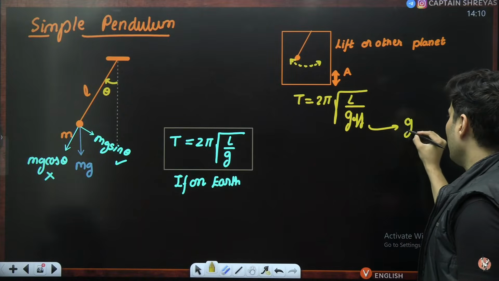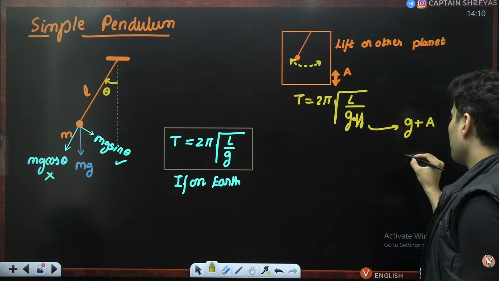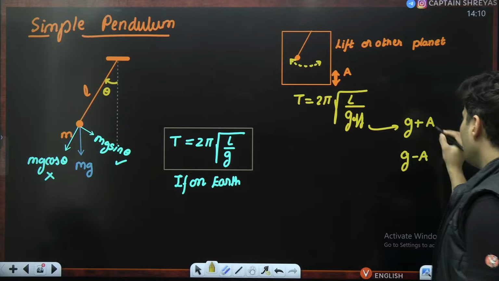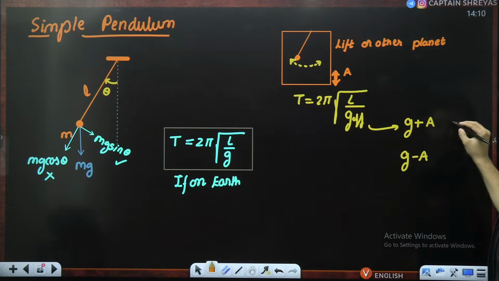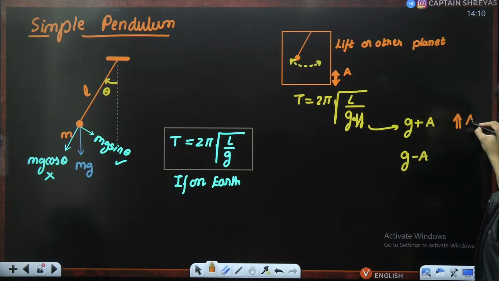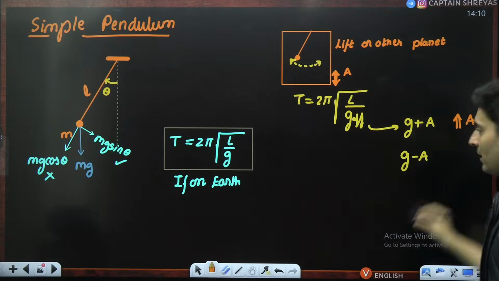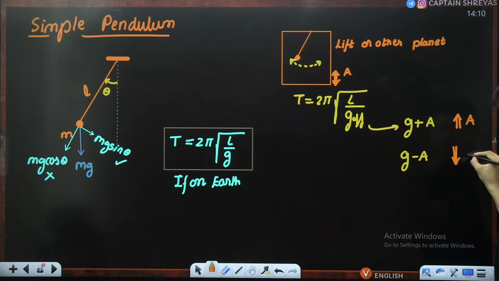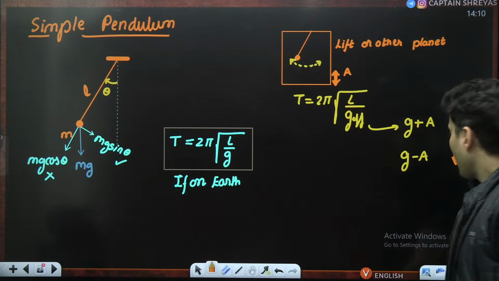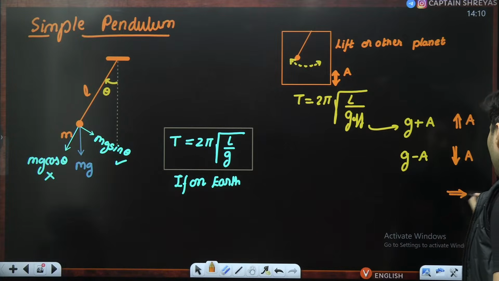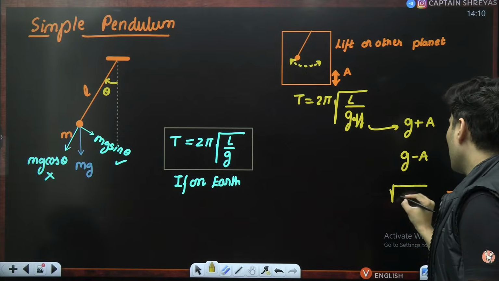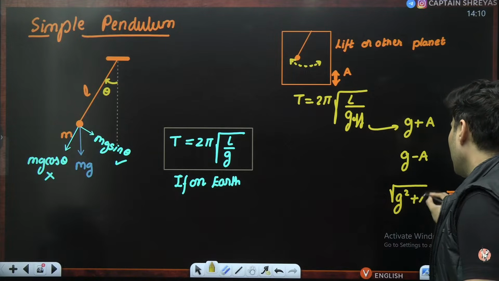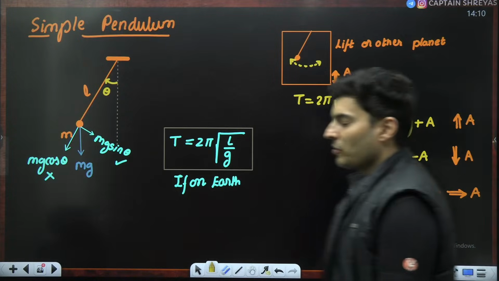This g effective will be g plus a or g minus a depending on whether the lift is going up or down. If the lift is accelerating up, then g plus a. If it is accelerating down, then g minus a. And if the lift is accelerating sideways, then g effective will be root of g square plus a square.